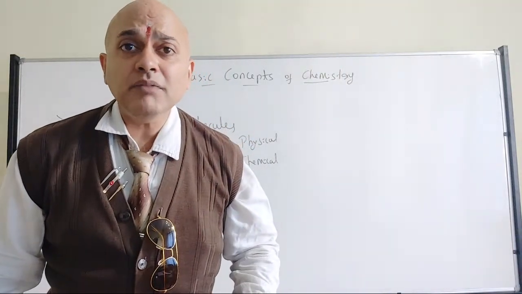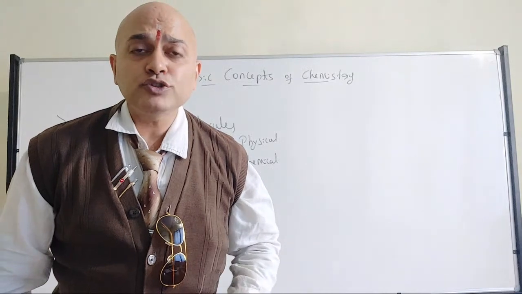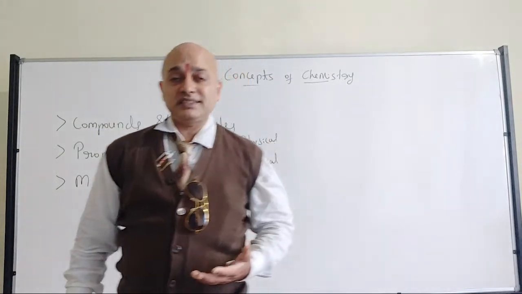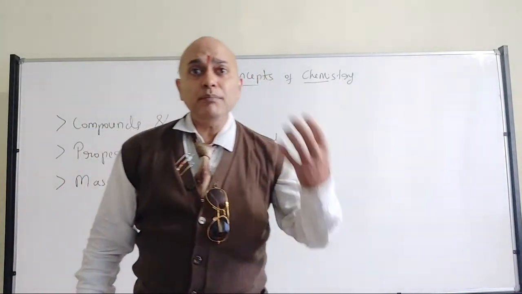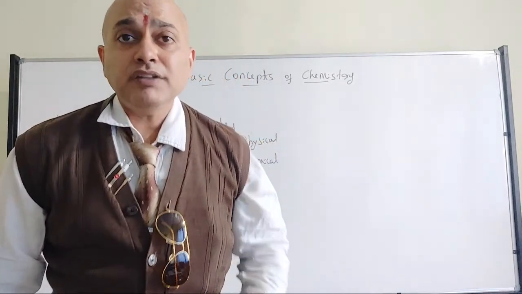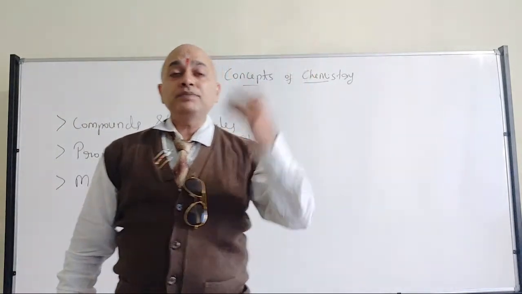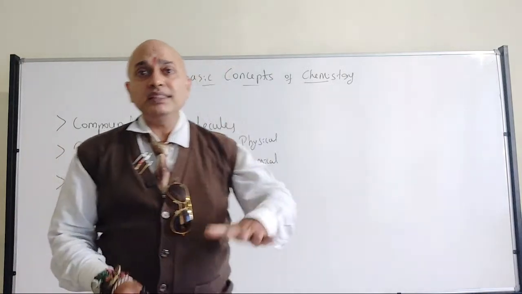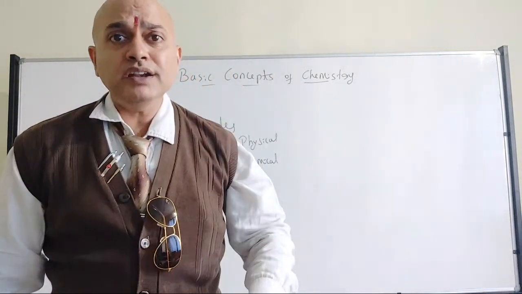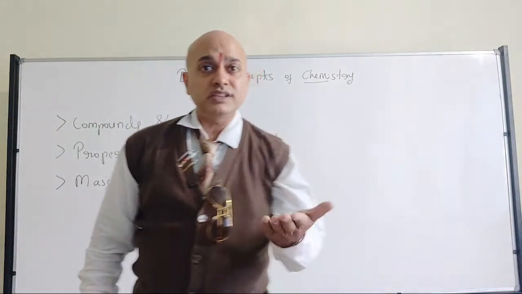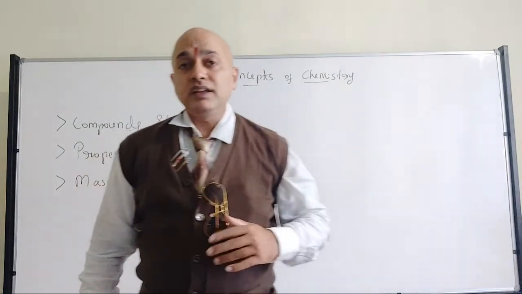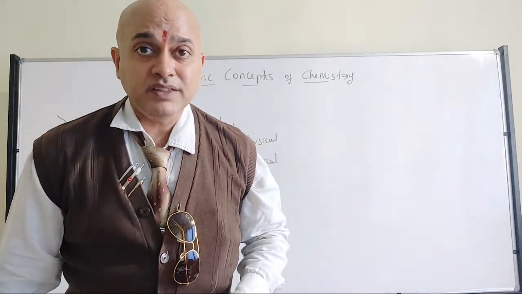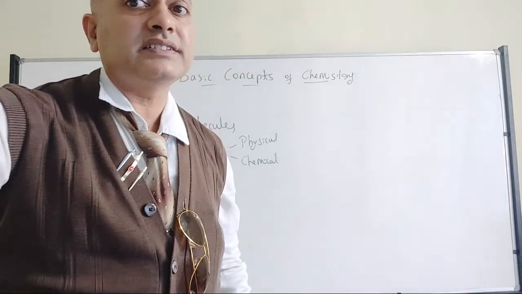What will happen to my weight? It will become less, because along with the lift I am also moving down. But when the same lift is going up, my weight will increase, because I am putting pressure. I am moving down because of the gravitational force, but the lift is moving up. Now the weight will be different. So that's where it varies.